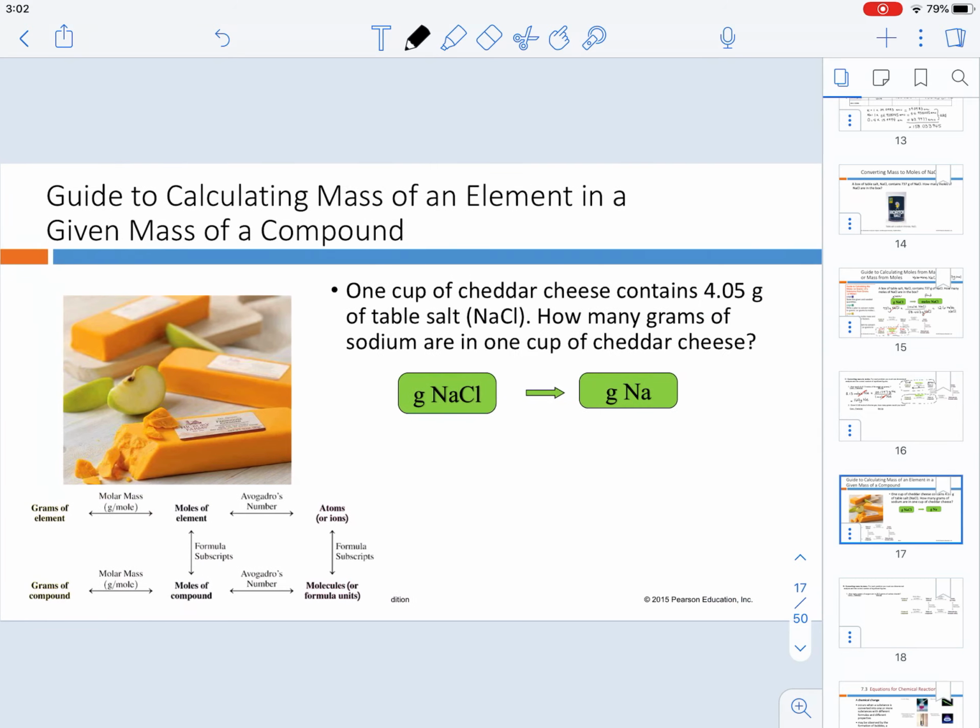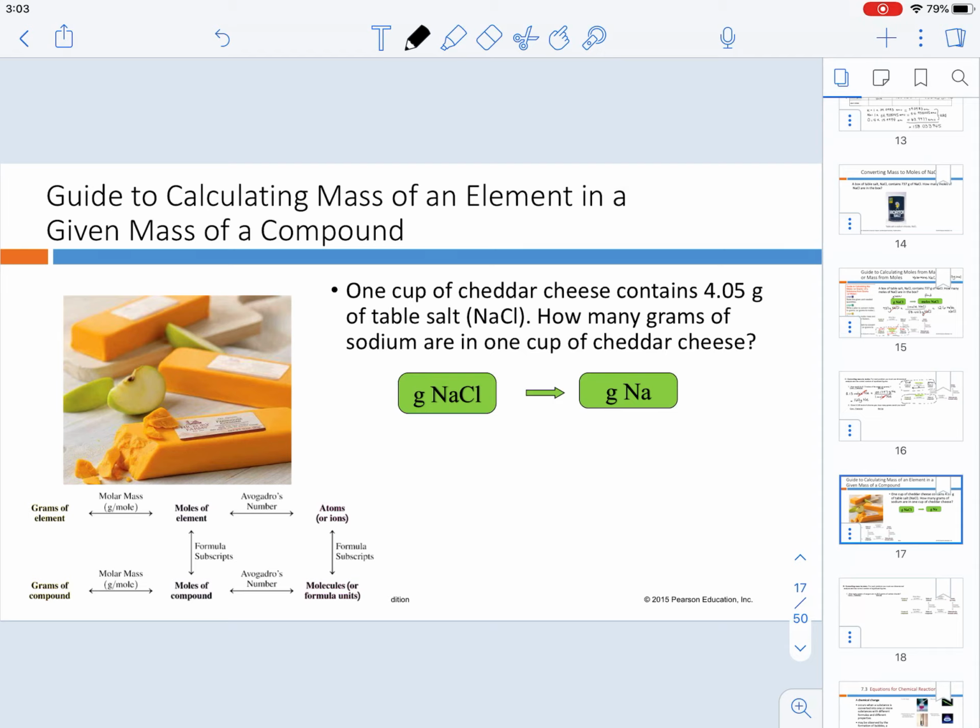Now, because we know how to calculate molar mass and we know all of these relationships, we can even tell, for example, if we have a particular compound, how many grams of a particular element we have within that compound. Okay, and that's the problem that we have here. In this problem, we are calculating the mass of an element within a given mass of a compound.